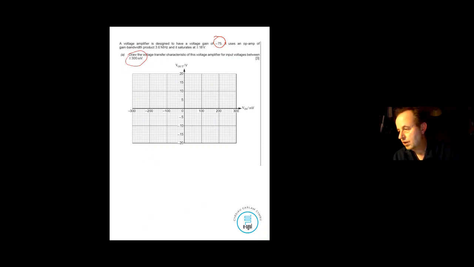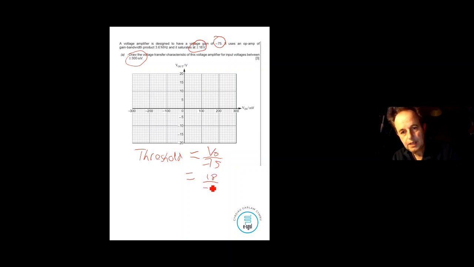All right, so the threshold will be, I take the threshold. Okay, it's my saturation level, which is the V out bit, and it's divided by the gain. My gain this time is minus 75. So my V out saturation can't get bigger than 18.